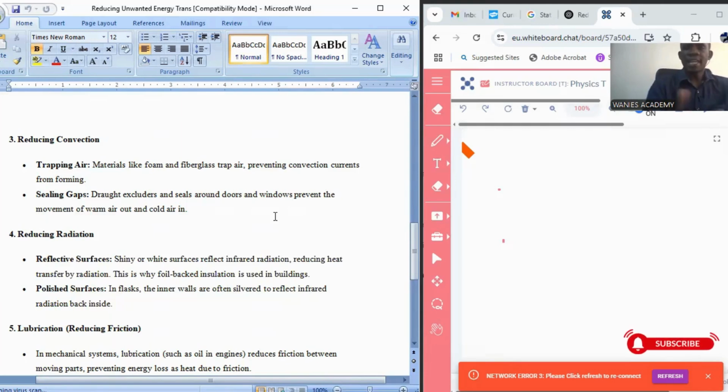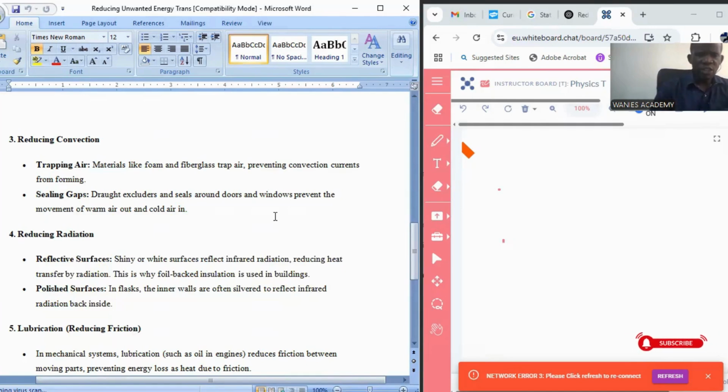So in the course of production of all of these materials, reflective or shiny surfaces can be used in order to reduce the escape of heat from the material. So that is number one way of reducing heat through radiation.